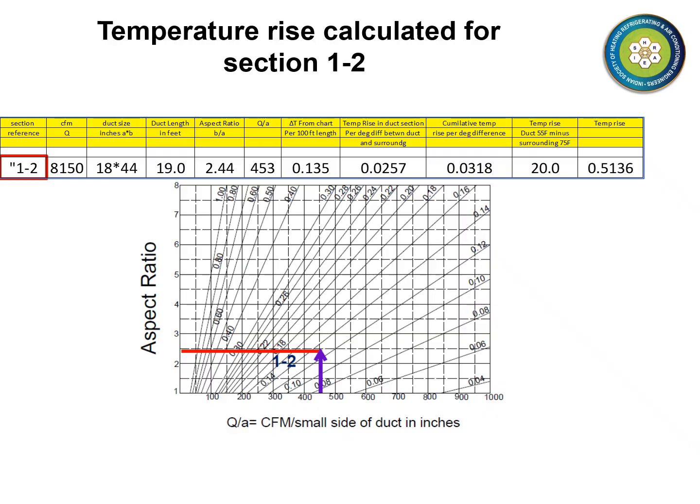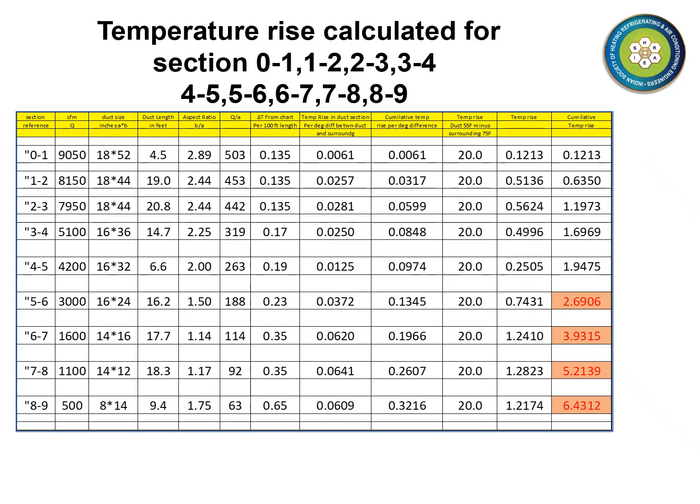We now move on to section 12 and plot the data pertaining to the same. Here we have tabulated the data pertaining to all the 9 sections.